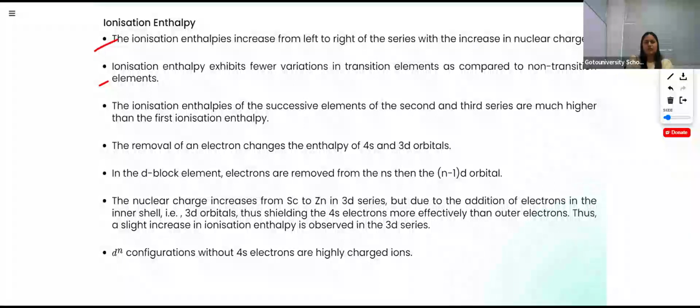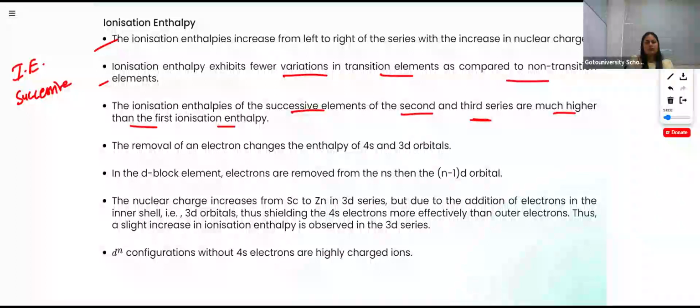Ionization enthalpy exhibits fewer variations in transition elements compared to non-transition elements. The successive ionization enthalpies in the second and third series are much higher than the first ionization enthalpy. Obviously, what are successive ionization enthalpies?